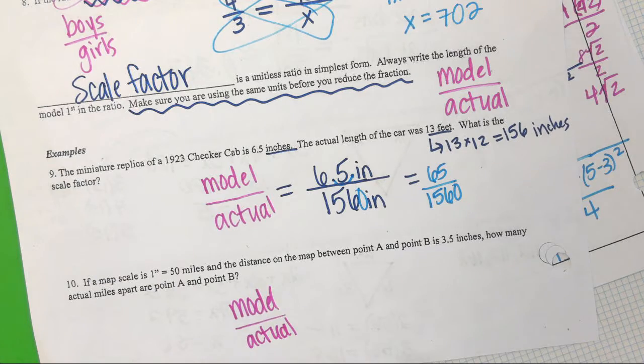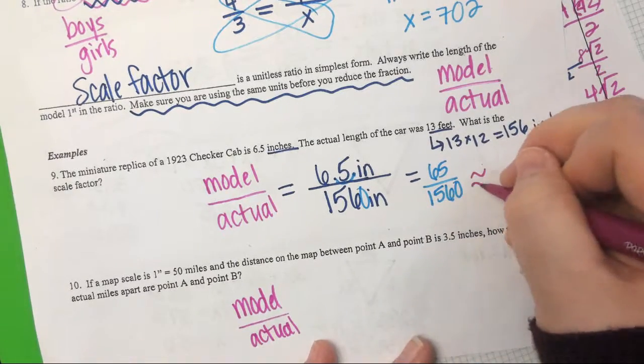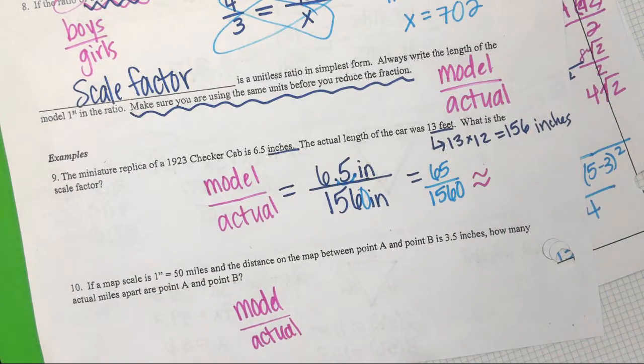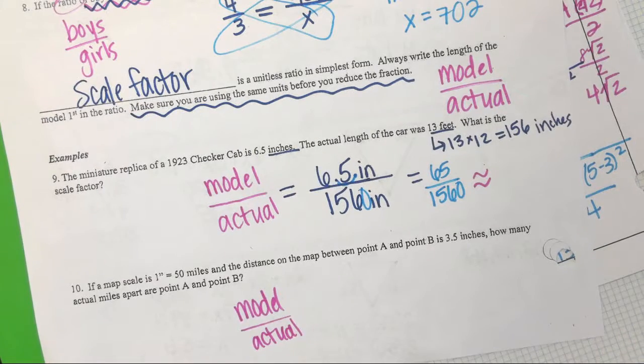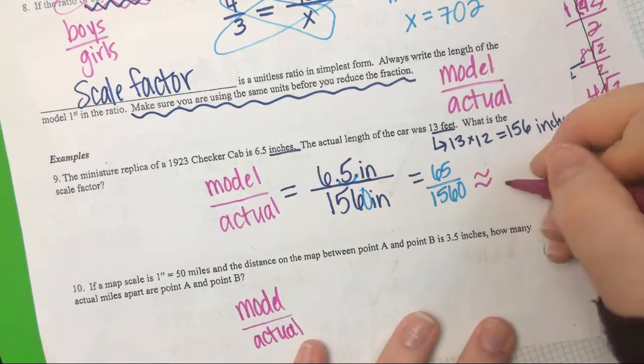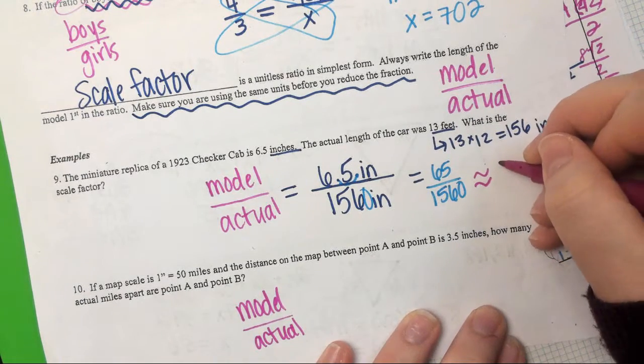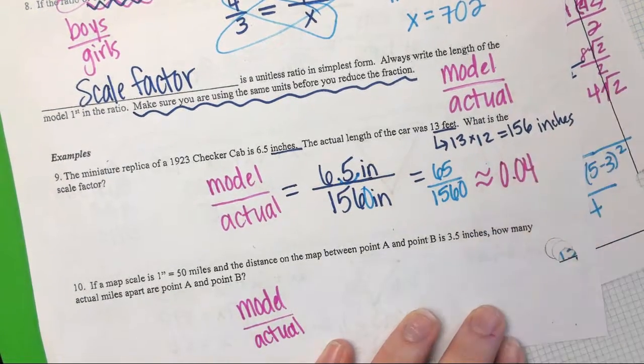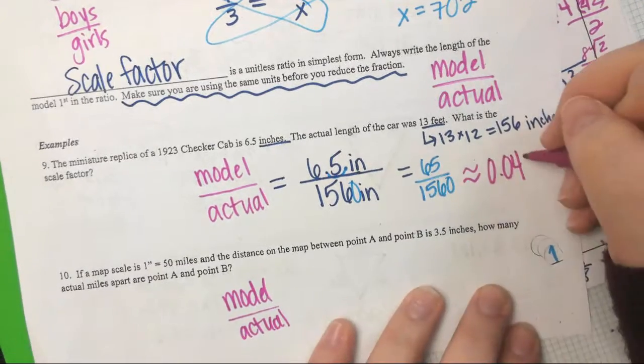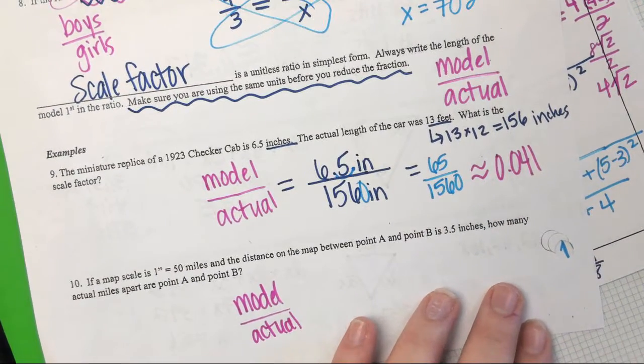But it's seriously okay with me if you just jump straight to the decimal for this one, because it did give you a decimal to begin with. I understand if you're given decimals, you can't make lemonade out of oranges. You got to go with what you're given. So if they give you decimals, your answer can be in decimals. Okay, so what's 65 divided by 1560? Okay, so we're going to do 0.04 1.